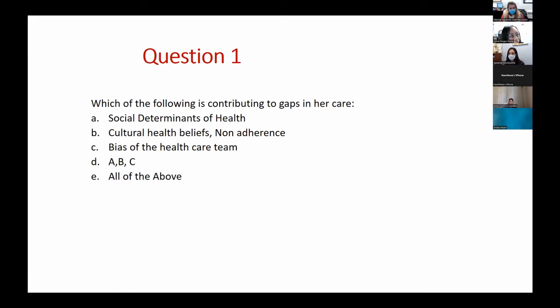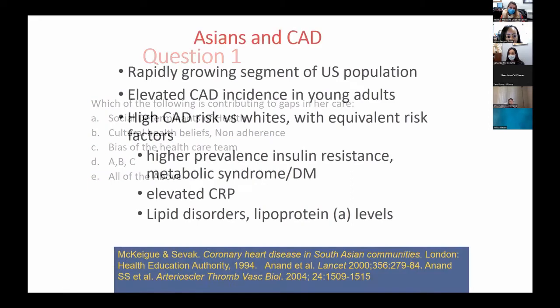It turns out that she had a very high copay, a very high initial payment, and so she did not have the money to get that. So even though she got started on it and we had some improvement in her care, she wasn't able to continue. So that was the reason. So social determinants of health and non-adherence in this case is due to that, not necessarily because she didn't want to. Okay, so I'm going to keep on going here.